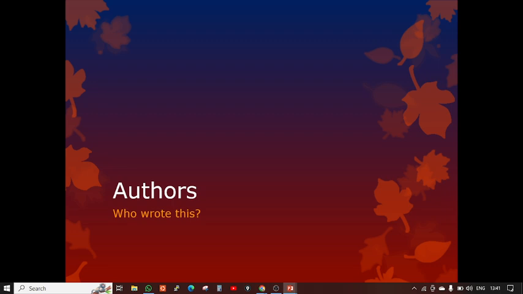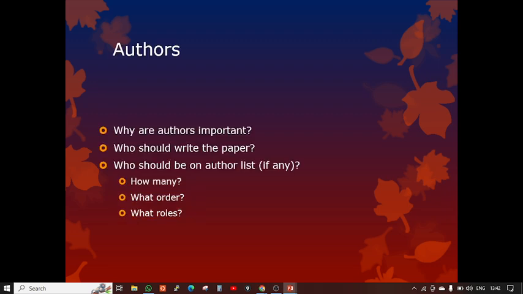All of these you have to include in the authors. Why are authors important, who should write the paper? These are the things we have to keep in mind while choosing the authors.